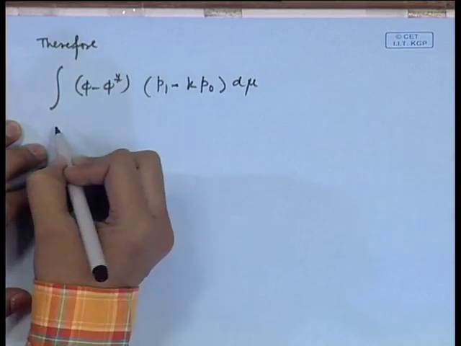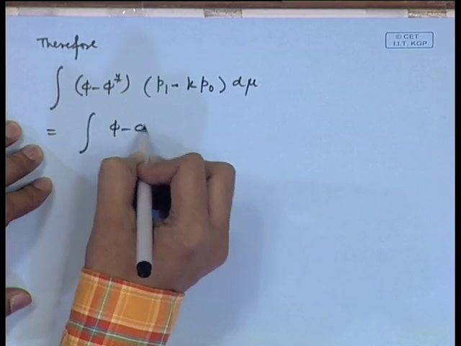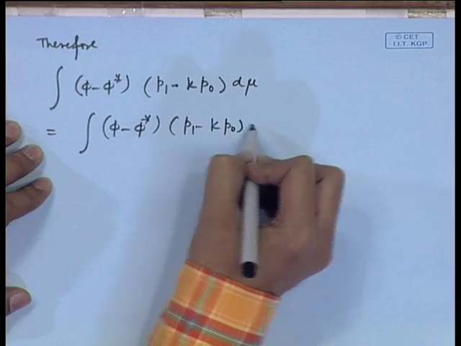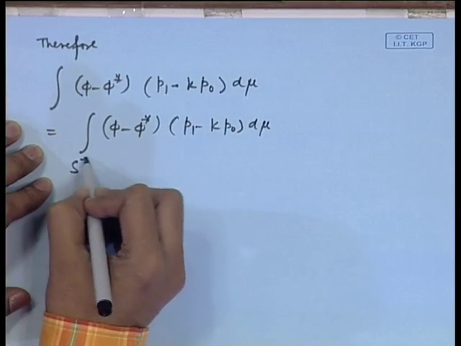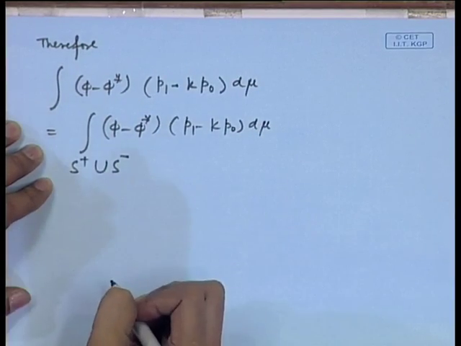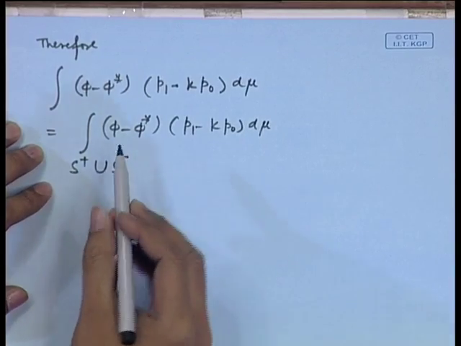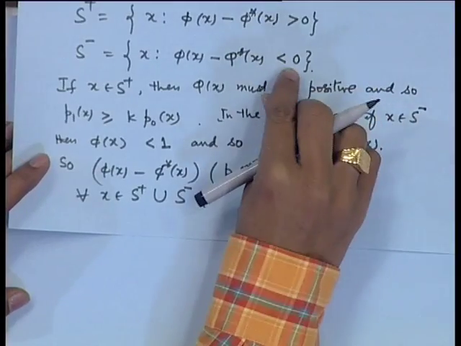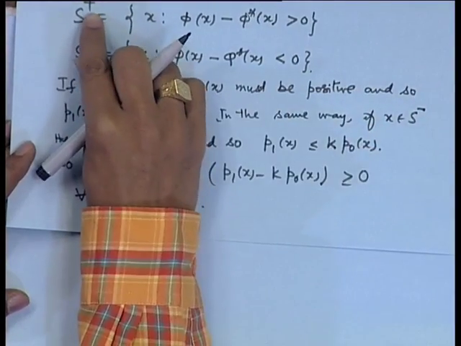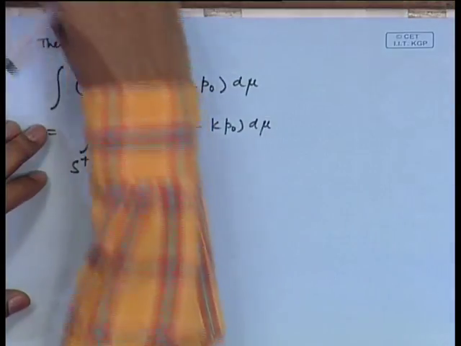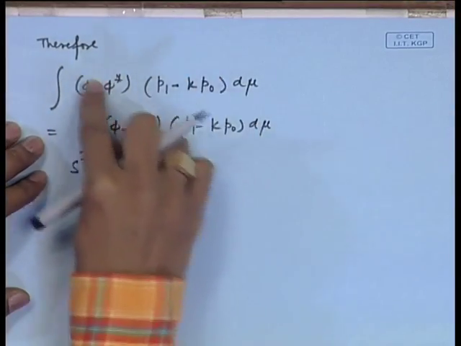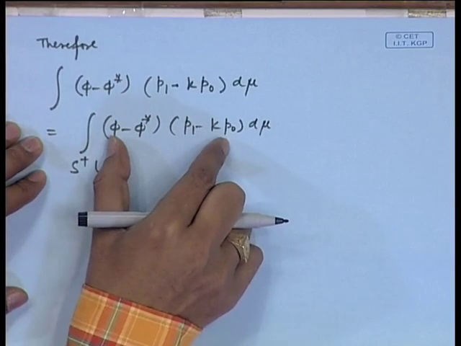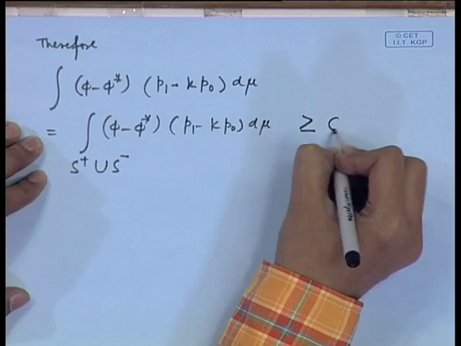So, this integral will be equal to the integral over the region S plus union S minus. So, we have exhausted all the regions, because over S plus this term was positive and over S minus it is negative. If we go outside S plus and S minus, then this will be equal to 0, so the integrand will become 0. So, we can ignore that. We are looking at only the portion where it is non-negative, and this is greater than or equal to 0.